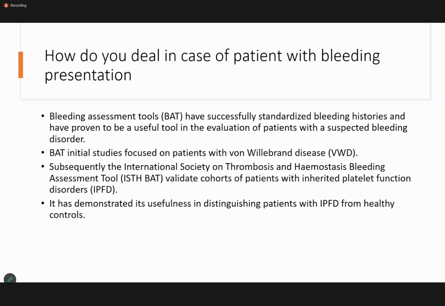Previously, the initial studies focused on patients with von Willebrand disease. But subsequently, the International Society on Thrombosis and Haemostasis Bleeding Assessment Tool was validated in a cohort of patients with inherited platelet function disorders, and they demonstrated it to be useful.